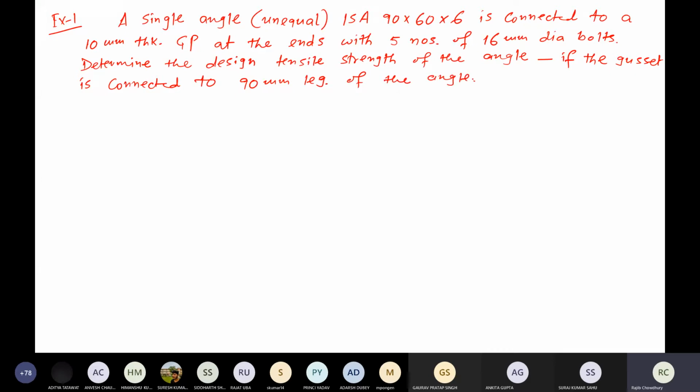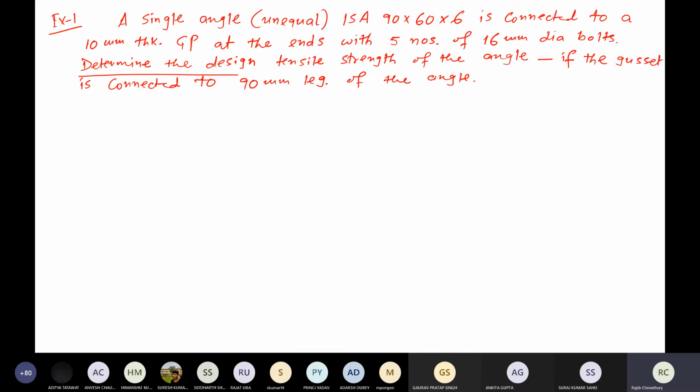So we have to find the design tensile strength. The basic understanding of this problem is that it has already been connected. By determining the design tensile strength, we would be in a position to find whether the connections are safe or unsafe.